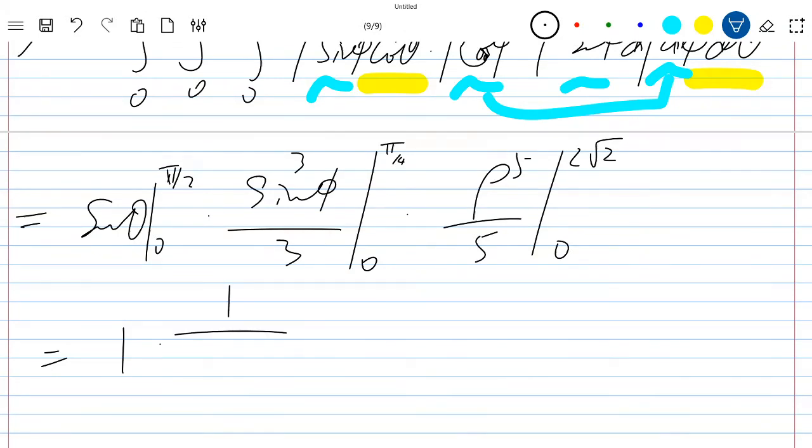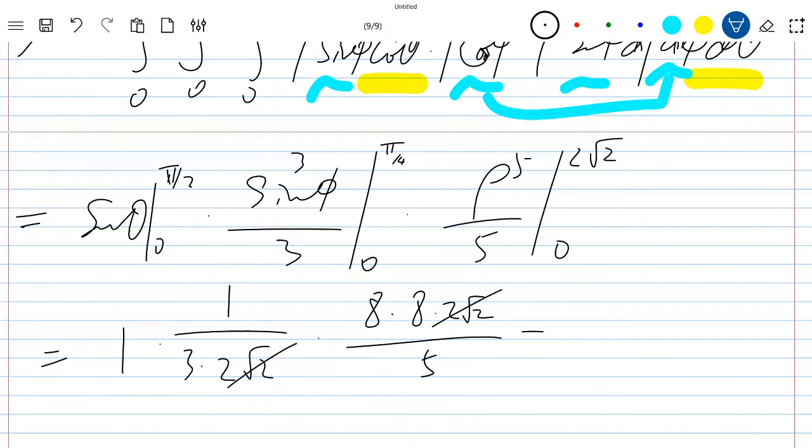And then since it's in the denominator, it's 3 times root 2 cubed, so it's 2 root 2. Then this is 2 root 2 to the 5th, so you get 8 times 8 times 2 root 2 over 5. Let's cancel that, and yes, we have 64 over 15. So for the third time, we get the same number.